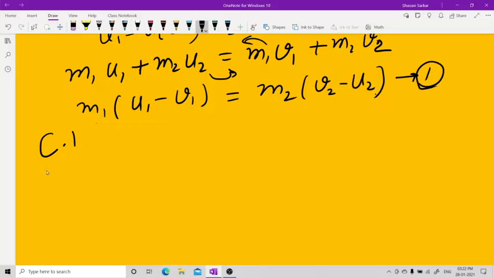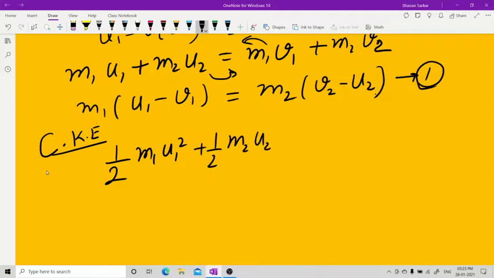Conservation of kinetic energy. That means half m1 u1 square plus half m2 u2 square is equal to half m1 v1 square plus half m2 v2 square.